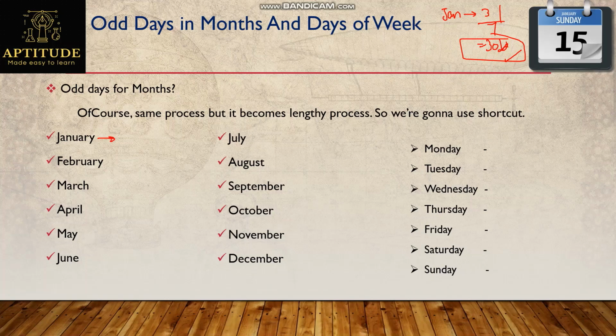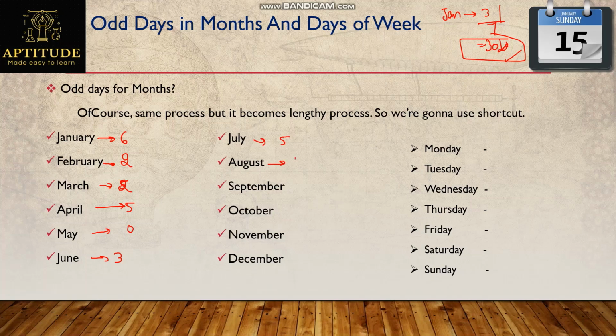For January, the code will be 6, which means I'm giving the odd day codes. So whenever they say it is a month of January, you just need to consider 6. Similarly, February, the code will be 2. March, 2, April 5, May 0, June 3, July 5.